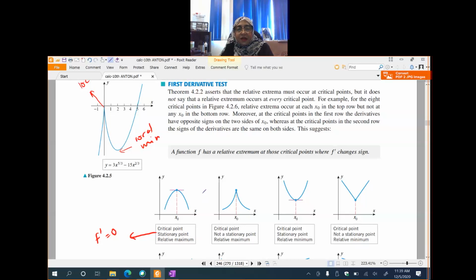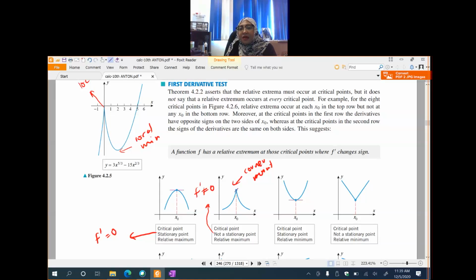Okay, if you look at this graph here, this is a critical point and it's a corner point, not a stationary point. Why is that? Because f prime is not equal to 0 at this point.